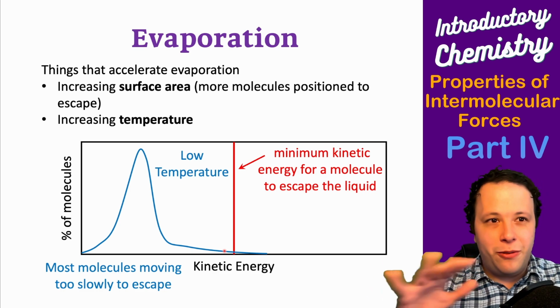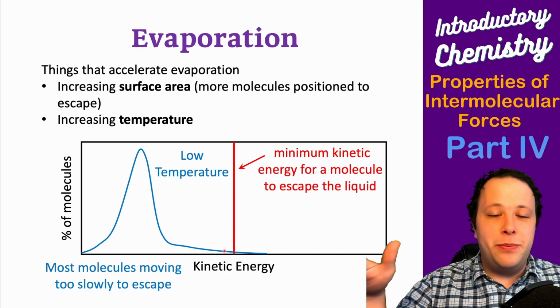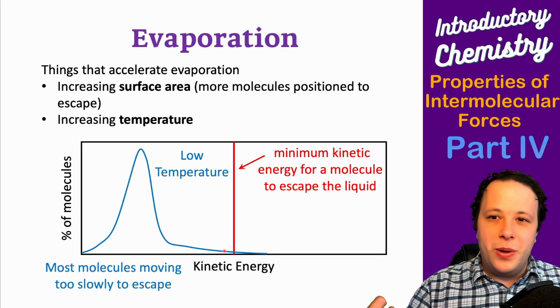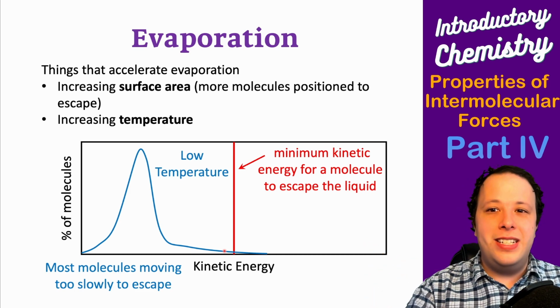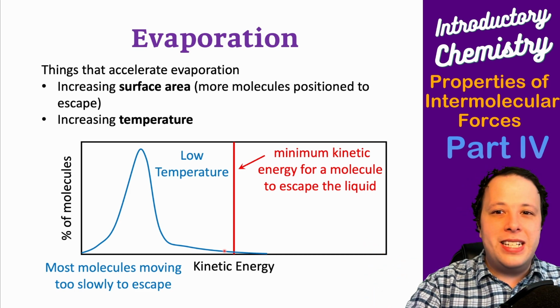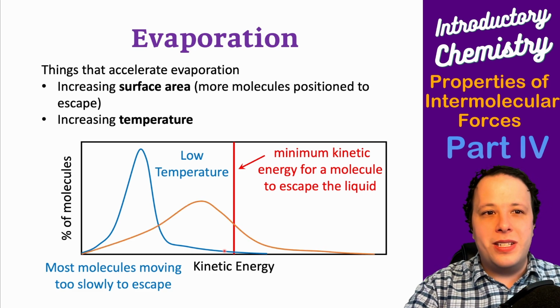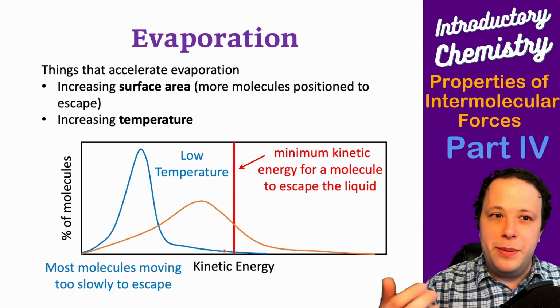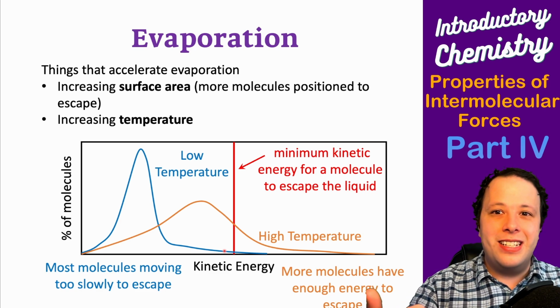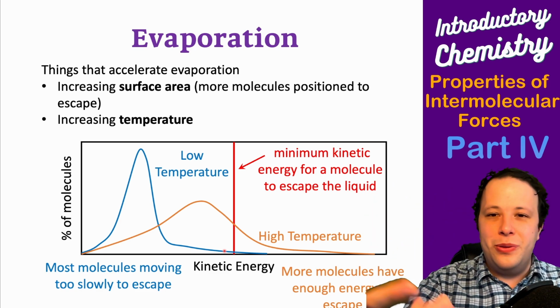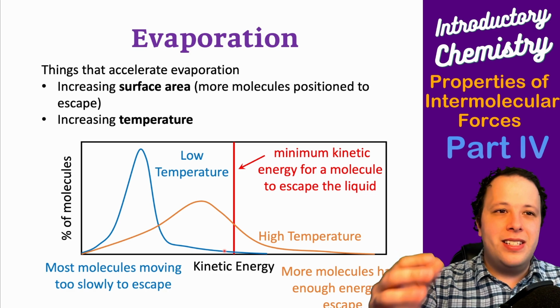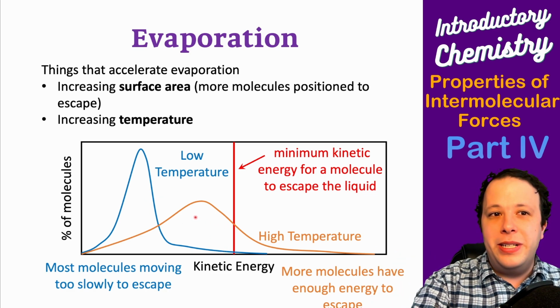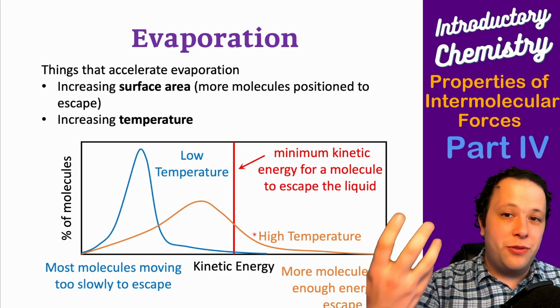Typically, it's the liquid that's spread over your whole counter because it's interacting with more things that can excite it to a higher temperature. If these things get hotter, then more molecules are going to be able to escape the liquid phase and go into the gas phase. Not all of them will become gases, but over time you'll see things evaporate.